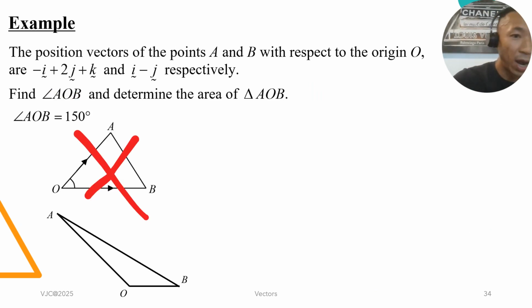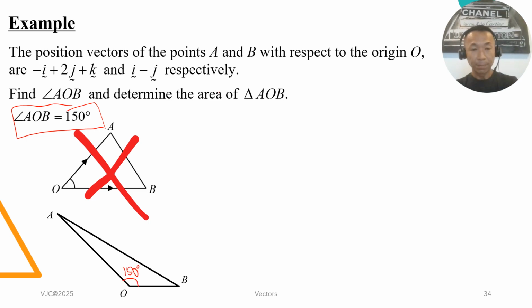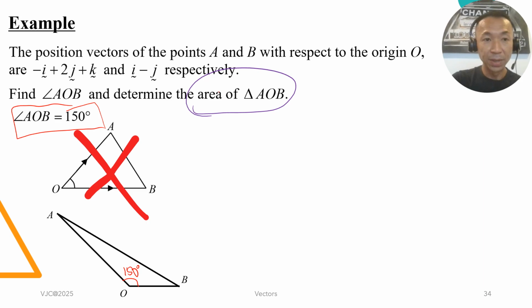It's actually wrong because your angle AOB is 150 degrees. This should be the correct diagram. Would it affect our answer for the next part of finding the area of triangle AOB? The answer is no. It wouldn't affect how you proceed. How do you find the area of a triangle?